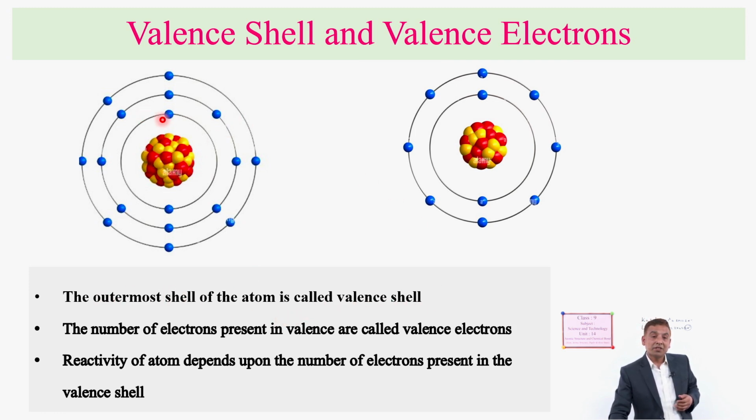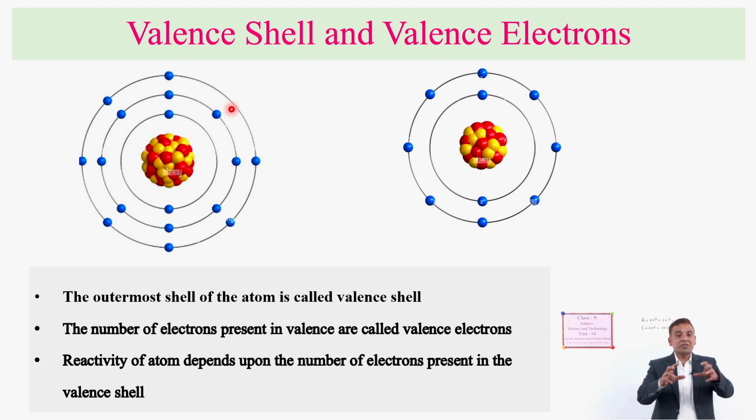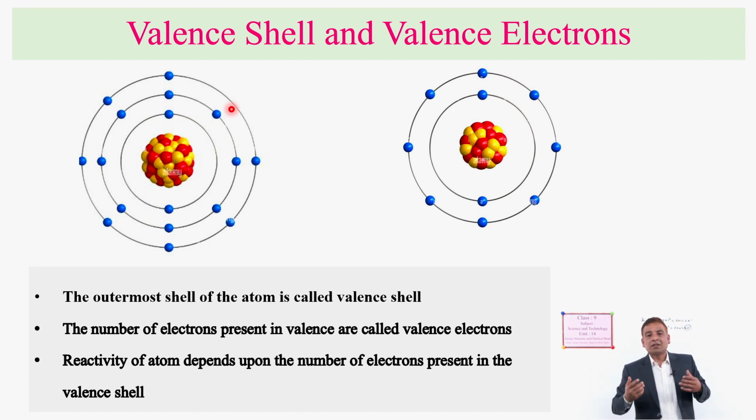This is the first shell, this is the second shell, this is the third shell. First of all, you have to draw the structure of an atom. Then you can find the last orbit. The last orbit present in the atomic structure is called the valence shell or valence orbit, and the number of electrons present in this valence orbit is called the valence electrons.